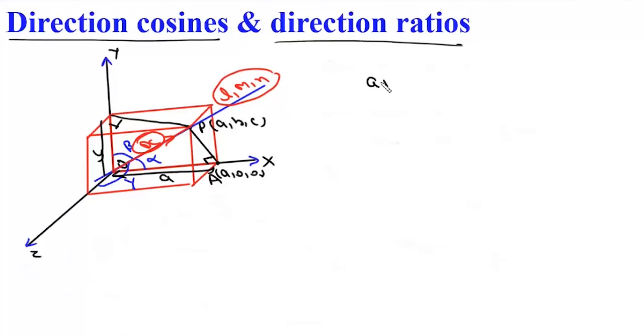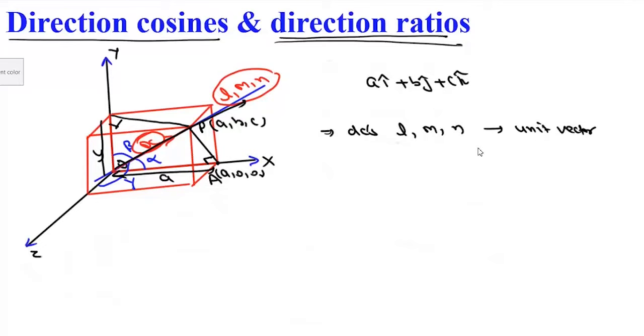So we have this vector ai plus bj plus ck, and from this we can always find its direction cosines, say l, m and n, and direction cosines specify a unit vector. Now we come to direction ratios. Direction ratios also define direction of any line, but unlike a unit vector, the length is not restricted.